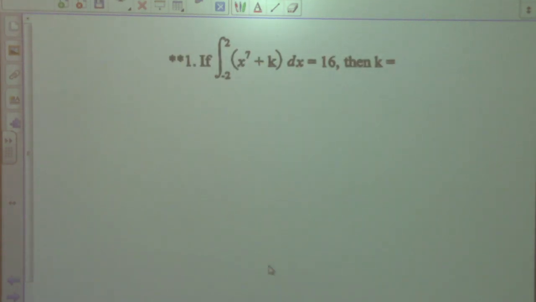Okay, if the integral from -2 to 2 of x squared plus k dx equals 16, then k equals what? I'll give you a hint. If you understand what the graph of that function looks like, this is a pretty easy problem.